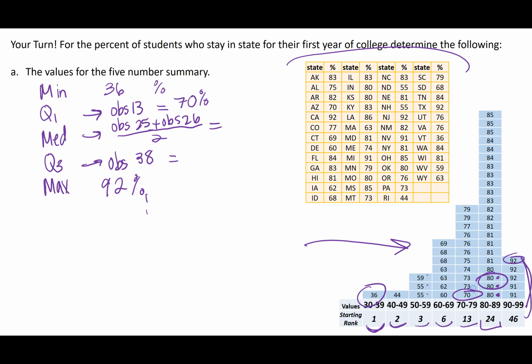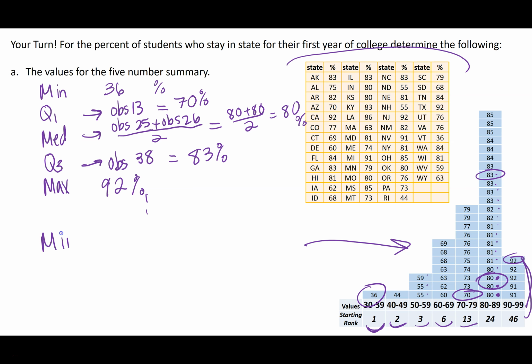So I need to average 80 and 80, which hopefully is an easier one to average. You're going to get 80%. Then finding observation 38: this was observation 26, 27, 28, 29, 30, 31, 32, 33, 34, 35, 36, 37, 38. So I'm going to get 83%.